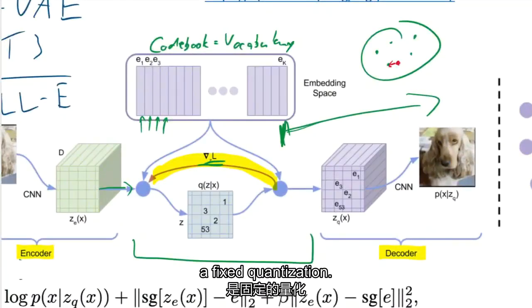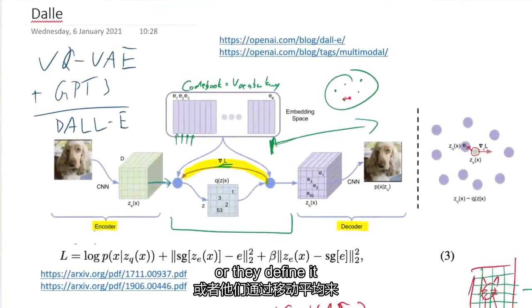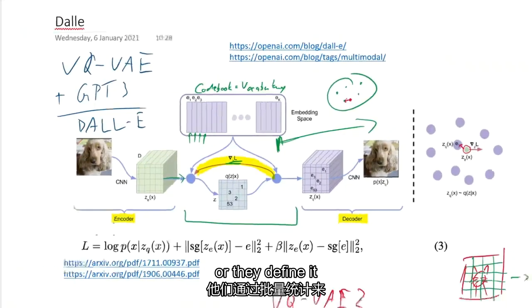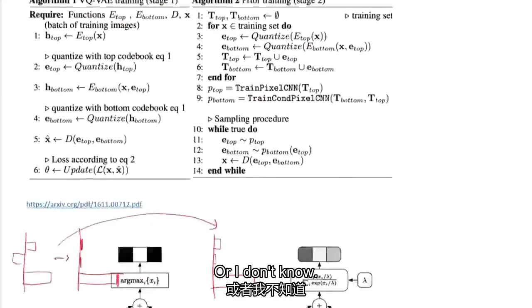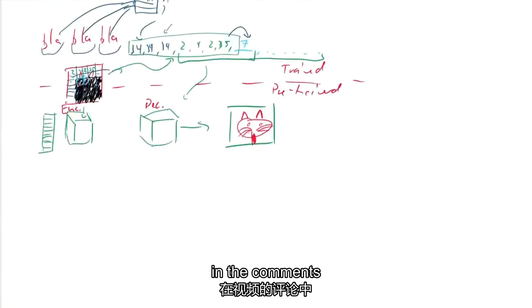This could be a fixed quantization, like you say, okay, you can choose any of the basis vectors and some mixtures that we define between them, or they define it via moving averages, or via batch statistics, or I don't know. If you know, let me know in the comments to the video.